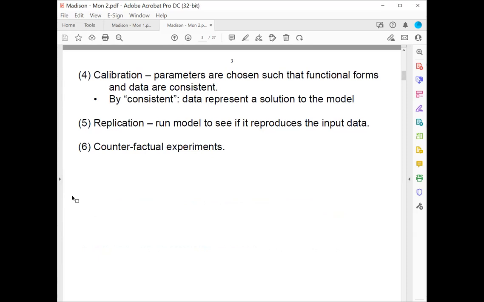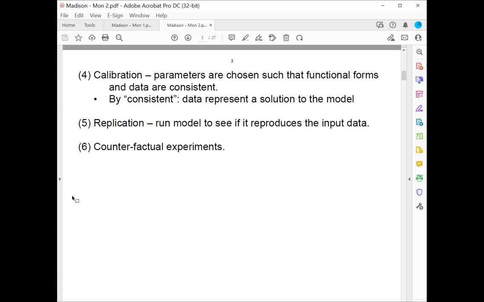And again, I'll get very specifically into that. Then the fourth step, and this is with big data sets and real data, this is 80% of the work. I don't know what you'd say, Tom. Yeah. Calibration is choosing parameters for those functional forms such that the model and the data are consistent. What do we mean by consistent? We mean that the data represents a solution to that model.